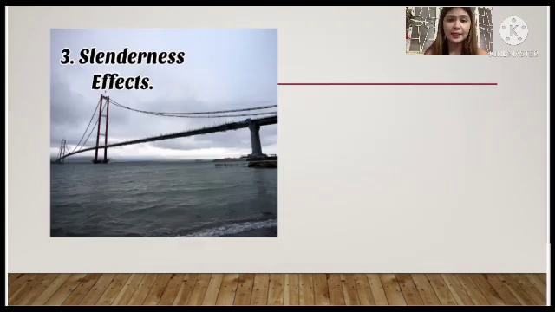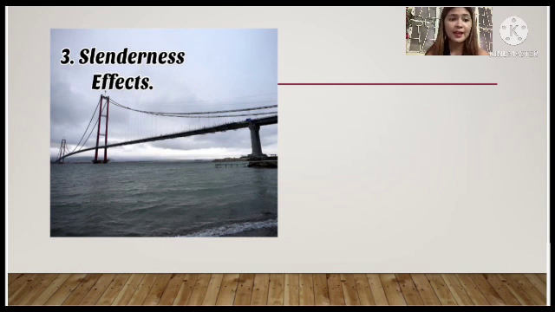So number 3, slenderness effects. When a compression member's cross-section dimensions are small in comparison to its length, the member is said to be slender. Whether or not a member can be considered slender is dependent on the magnitude of the member's slenderness ratio.